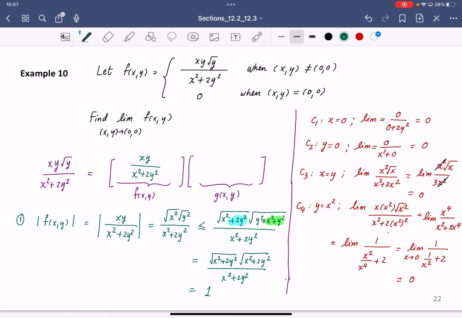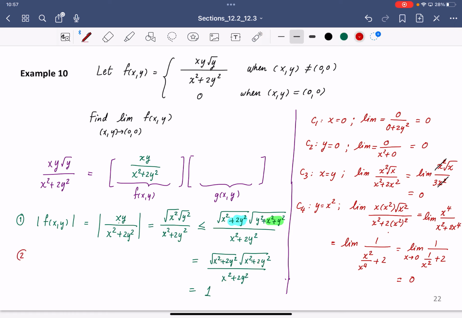This is ridiculous, and if you don't see the technique for the first time, it's going to be super hard. But the technique is that once you pick one x or one y and it does not work, maybe pick them together and use the square root to help. At the end, once you have two square roots, you group them out again. It's the same thing as the denominator, and then you cancel.